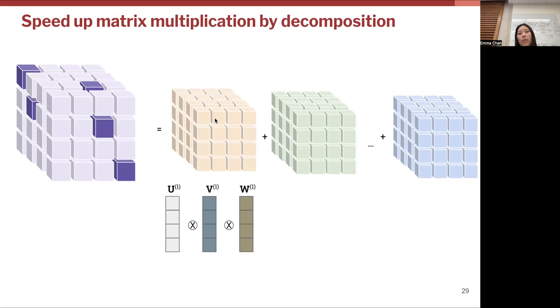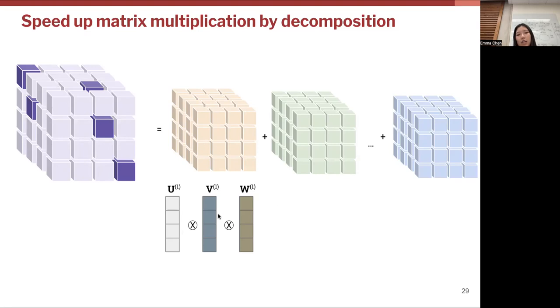But why am I doing all this peculiar process of decomposing the original 3D multiplication matrix into a summation of a series of 3D matrices, and then further decomposing each matrix into the outer product of 3 vectors?